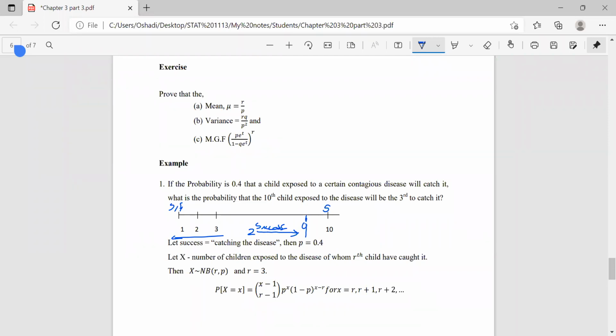So it is a negative binomial distribution, right? So let success be catching the disease, then p equals 0.4. Let X be the number of children exposed to the disease until the third child has caught it. Right? So we are asking the probability that X equals 10 here. What is the probability X equals 10?